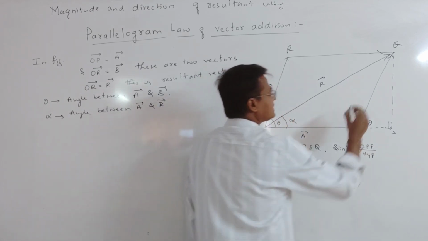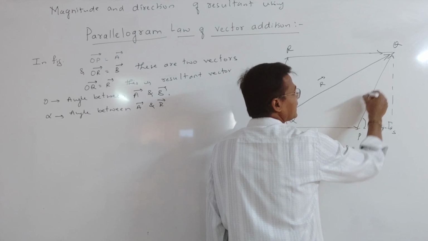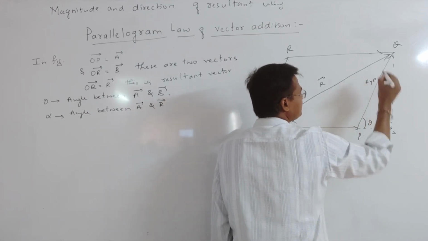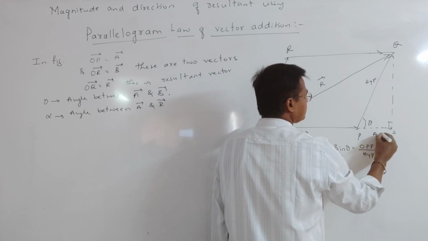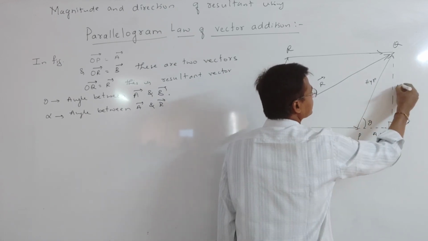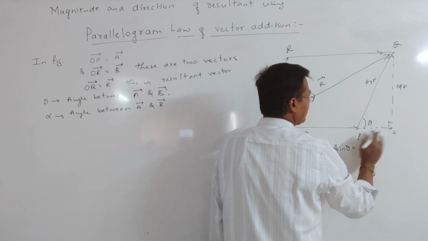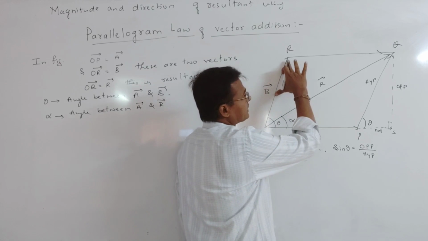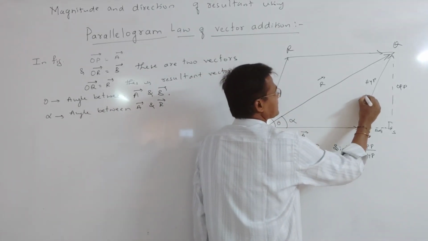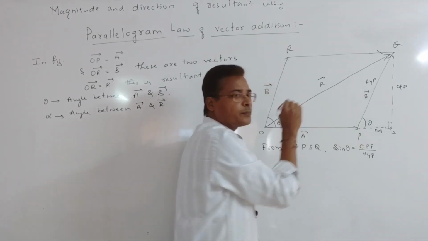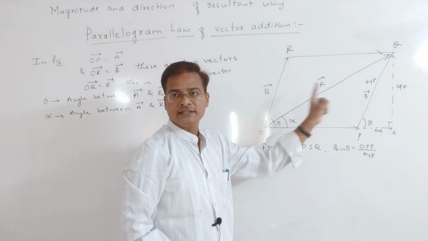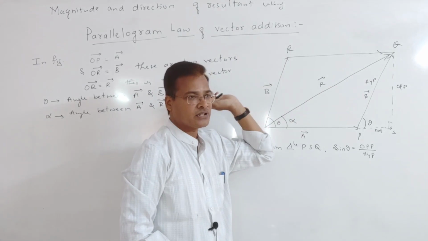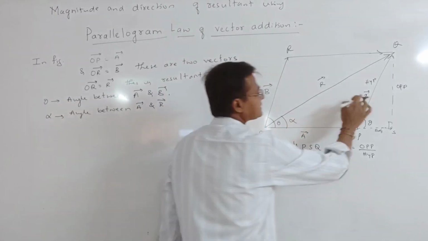Okay, so this is the hypotenuse PQ, and this is the adjacent, this is the opposite. So whatever the vector is there, that is the B vector. According to the parallelogram, the two opposite sides are the same. Parallelogram nalli ಎರಡು opposite sides same irtavre, same irtav anta helakatene ನಾನು. So that is the B vector.